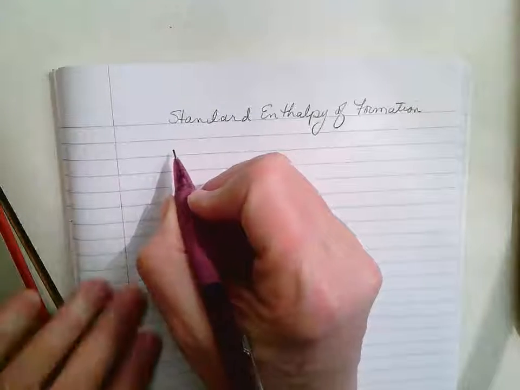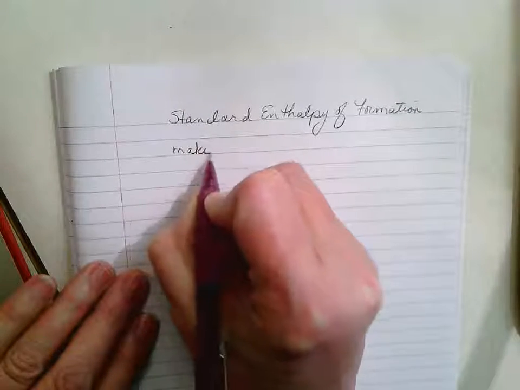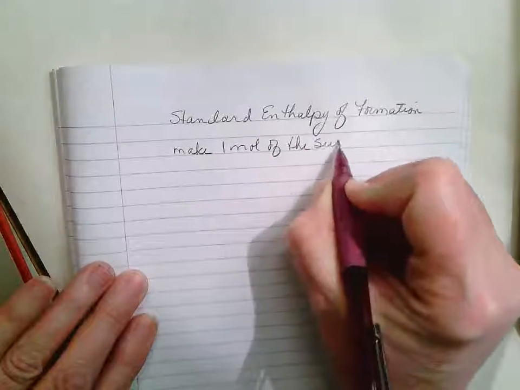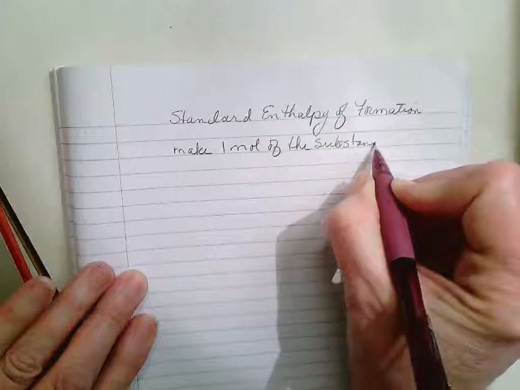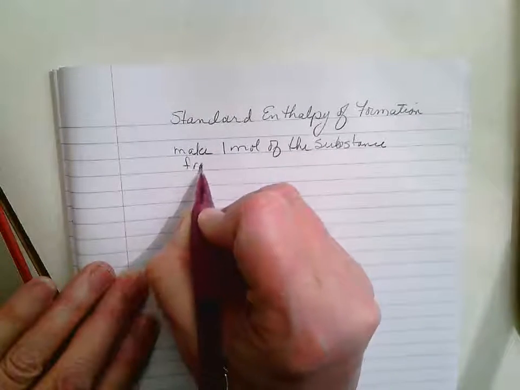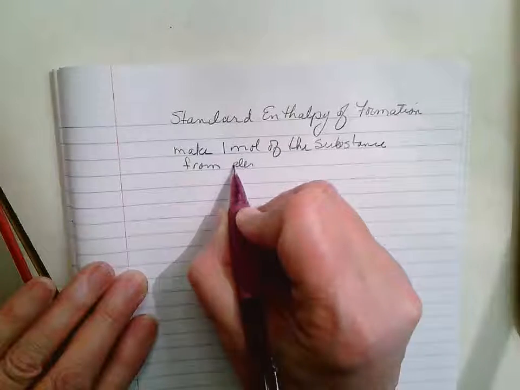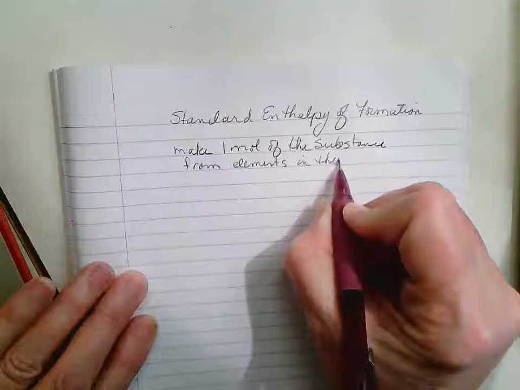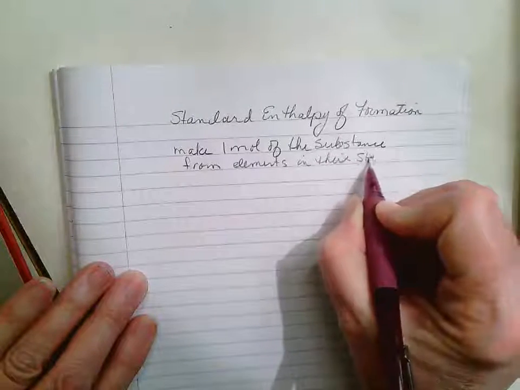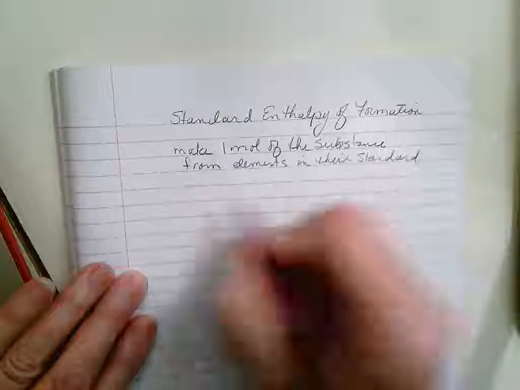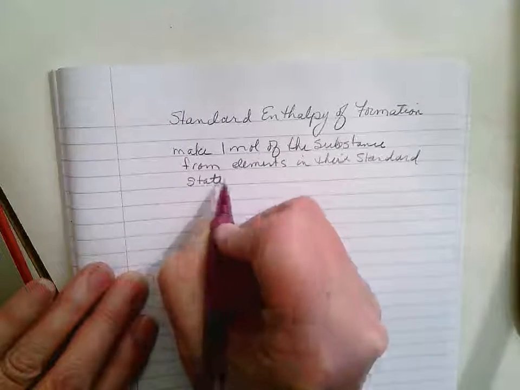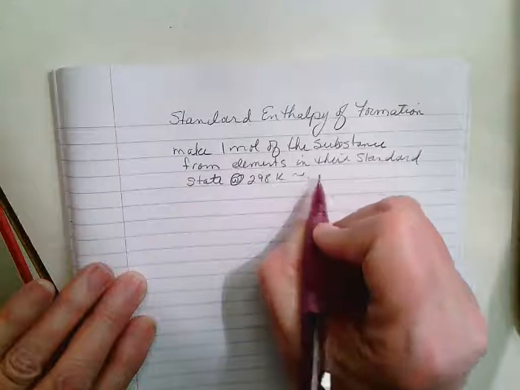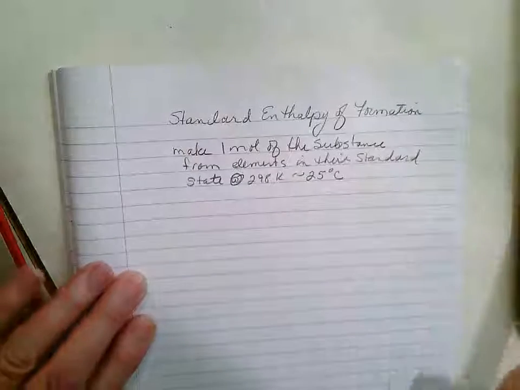What it means is that we're going to make 1 mole of the substance from elements in their standard state at 298 Kelvin or approximately 25 degrees Celsius.